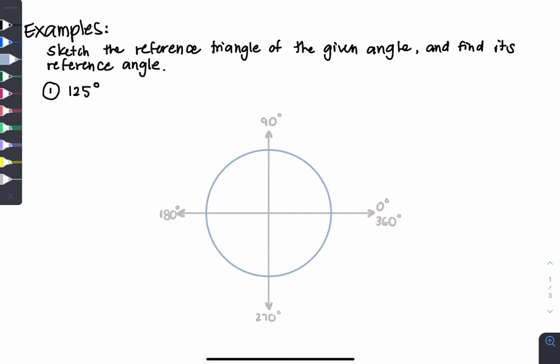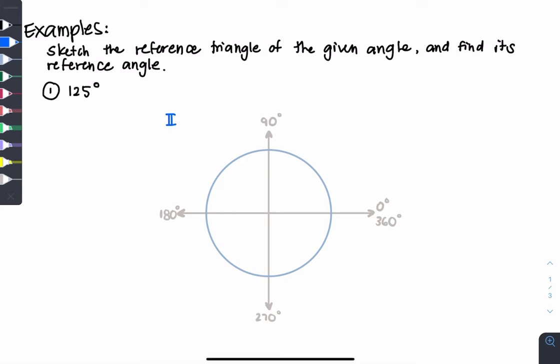Don't forget, when we sketch angles, it always has an initial side that starts at 0 degrees, and the terminal side will open up to whatever angle measure we have. So for 125 degrees, you could probably tell that it will land somewhere between 90 and 180 degrees. So we know that we're going to work in quadrant 2.